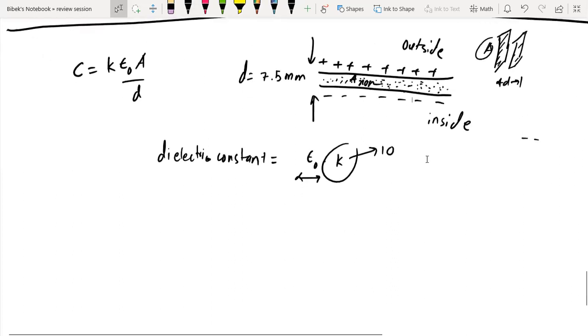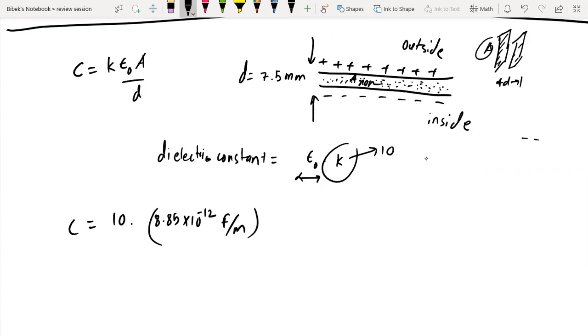So that's the dielectric property. That means your capacitance will be 10 times E0, that's 8.85 times 10 to the negative 12 farad per meter, times your area. Since the problem asks you to find it for 1 centimeter square, you'll be taking 1 centimeter square as your area, okay.